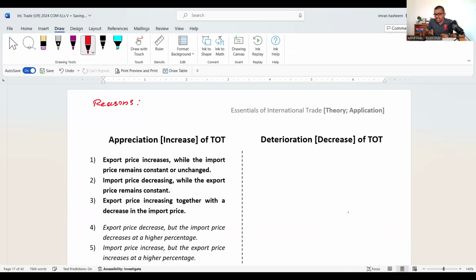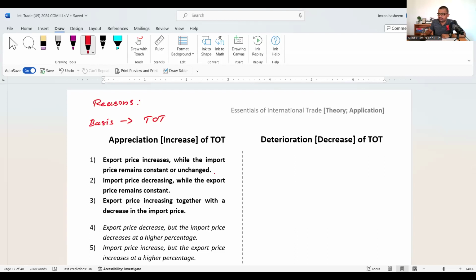The basis to identify the reasons is the terms of trade. Remember, in local advanced levels, when we say terms of trade, what does it mean? It means commodity terms of trade, right?